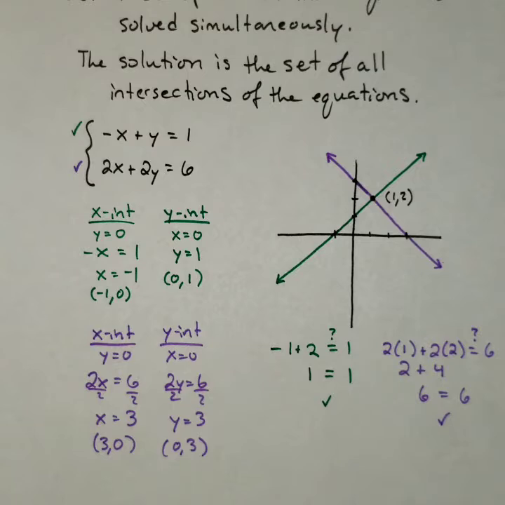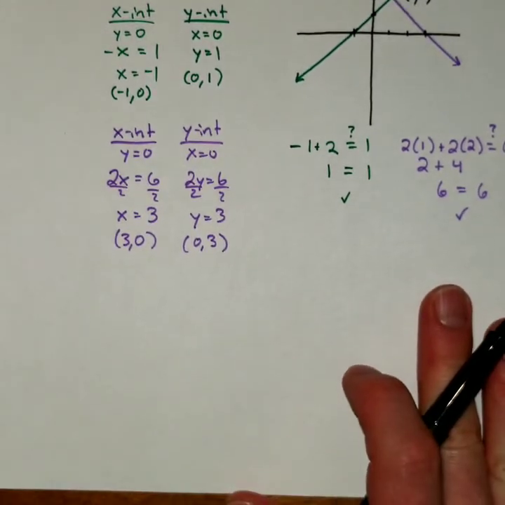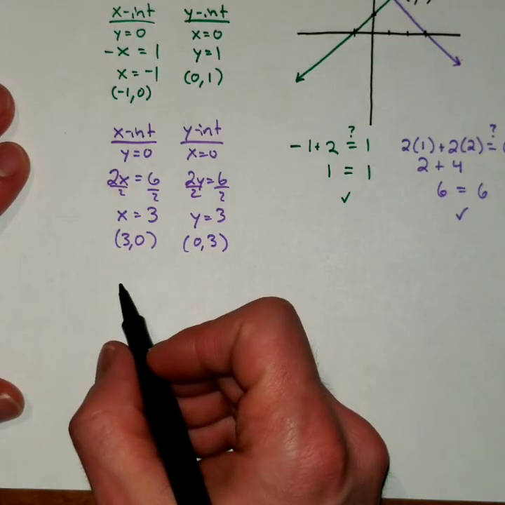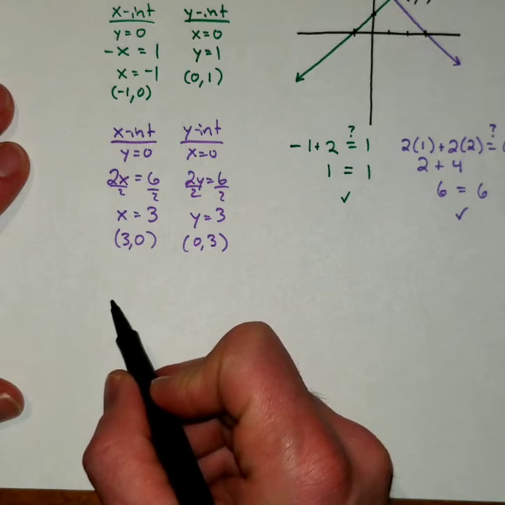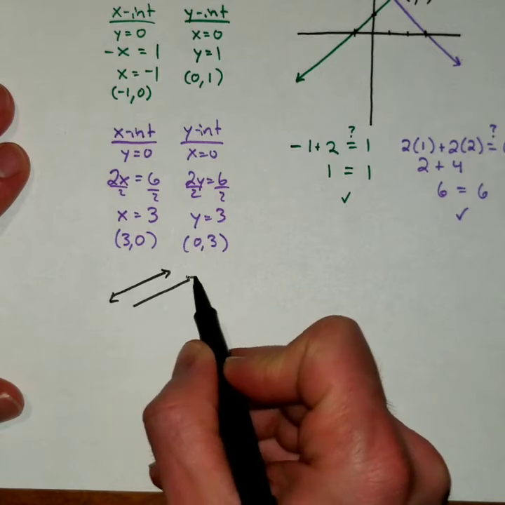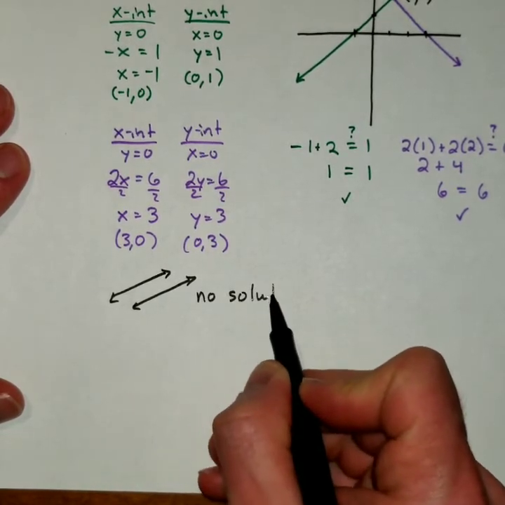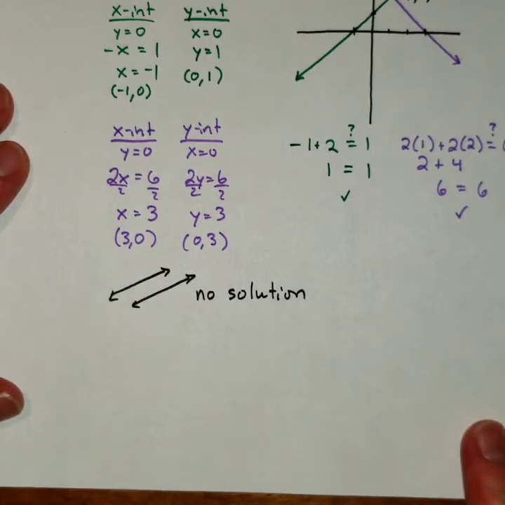Now there are some weird cases of systems. This was a nice one where the two graphs intersected once, but there are a variety of other scenarios. There's a scenario where you have no intersection. Okay, that would be no solution, and that would be where you have two parallel lines.